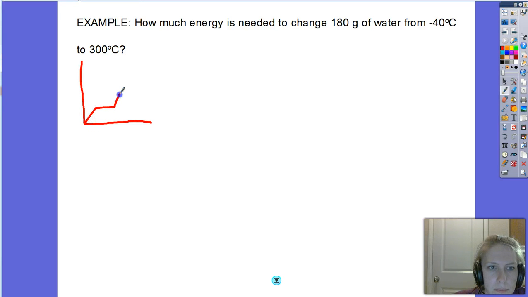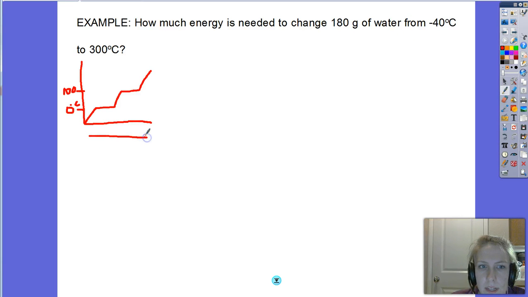So I'm going to have my multi-step phase diagram. Here is my 0 degrees Celsius for the freezing point of water. This plateau is my boiling point at 100. Now, let's check this out. Wants to go from negative 40 up to 300. So we're going this direction.